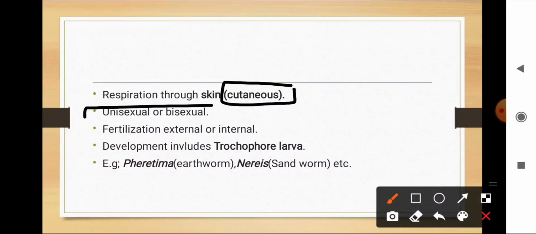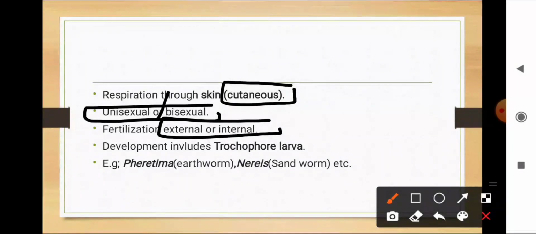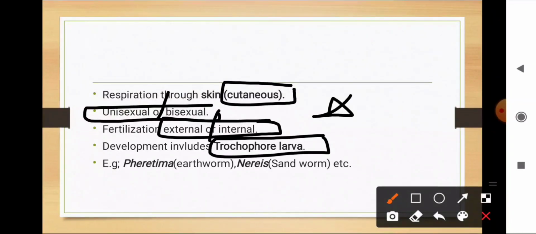They may be unisexual or bisexual. Fertilization may be external, that is, occurring outside the body, or internal, inside the body. Development occurs indirectly, that is, through the formation of a larva, and the larva formed here is known as the trochophore larva. This is the part which we have to keep in mind, which kind of larva is formed.